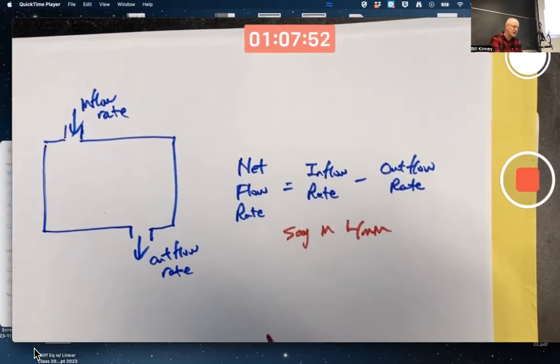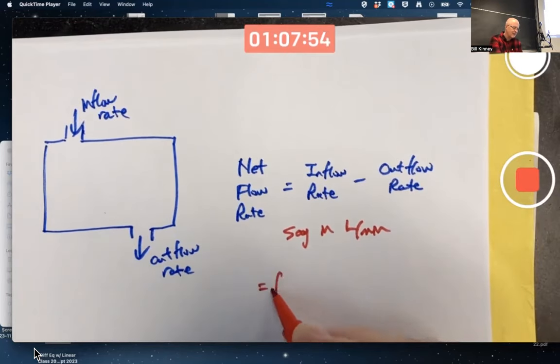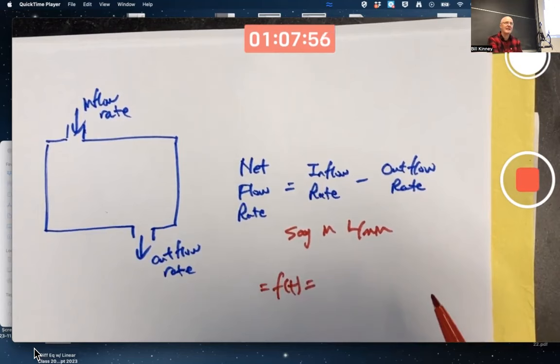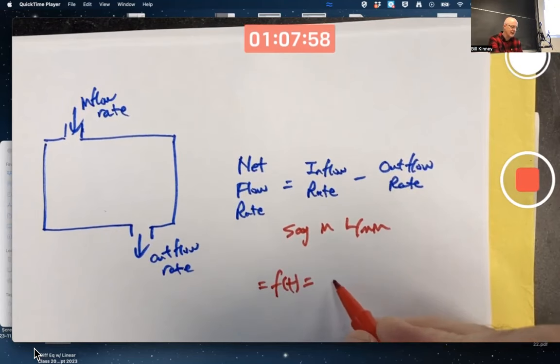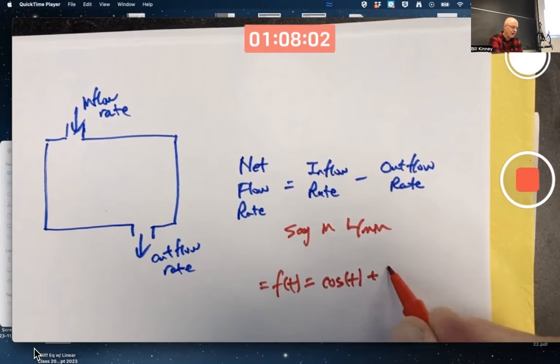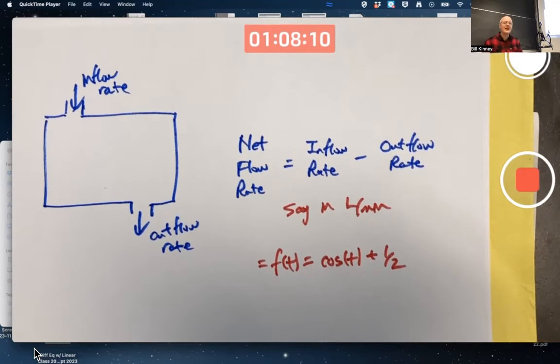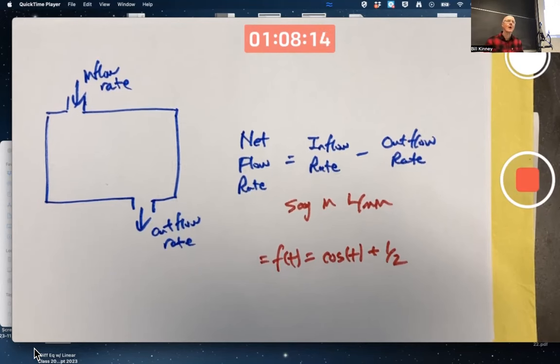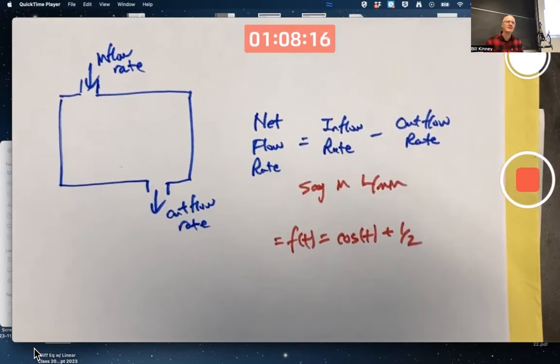This is some function, f of t, and let's go ahead and pick a function. How about cosine of t plus 1/2? And I'd like to figure out what the integral of this flow rate is over some interval of time, and what does it represent?